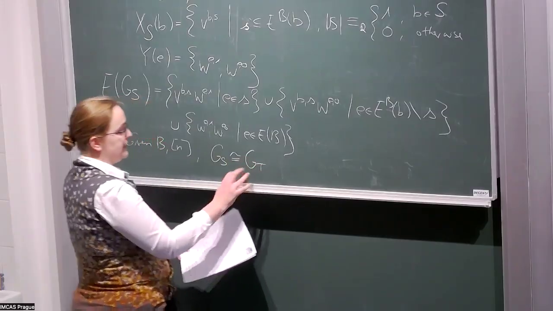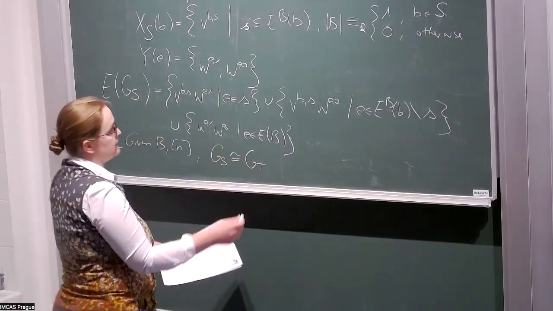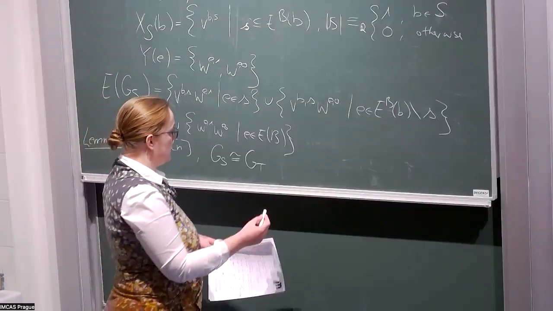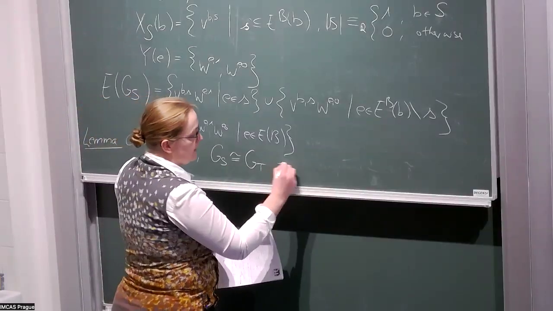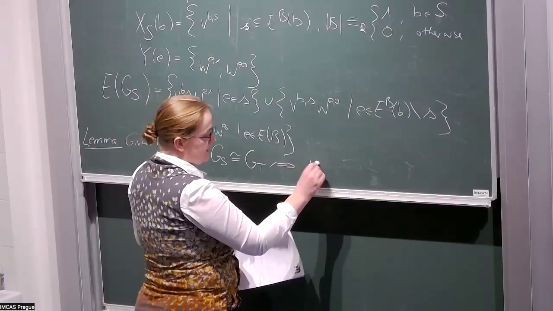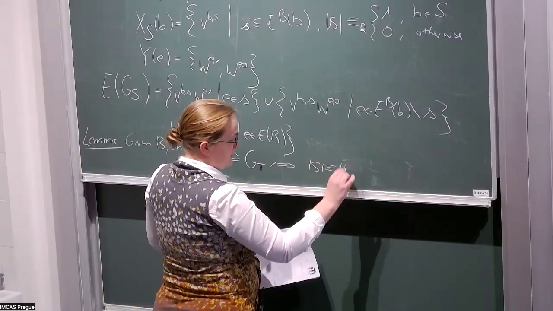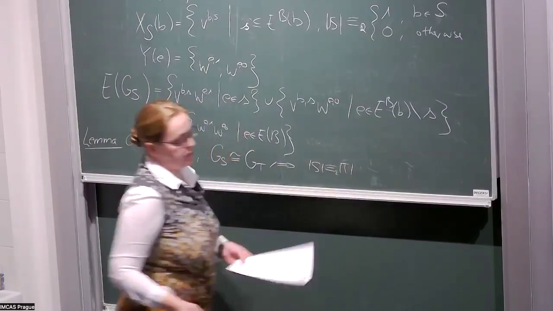So if we're taking different sets S and T out of our vertex set, then this is isomorphic if and only if the cardinality of S is congruent to the cardinality of T, mod 2.